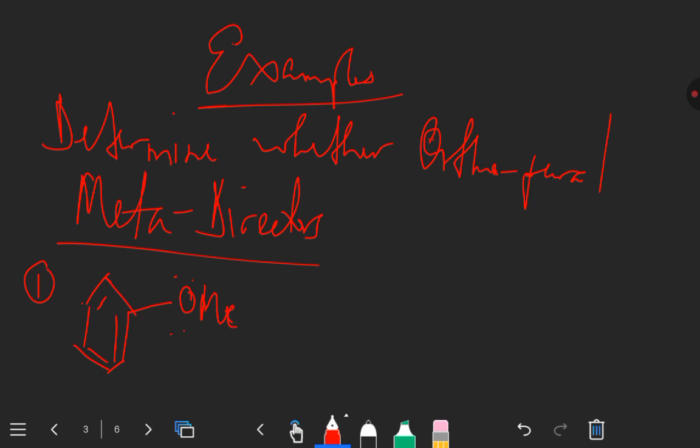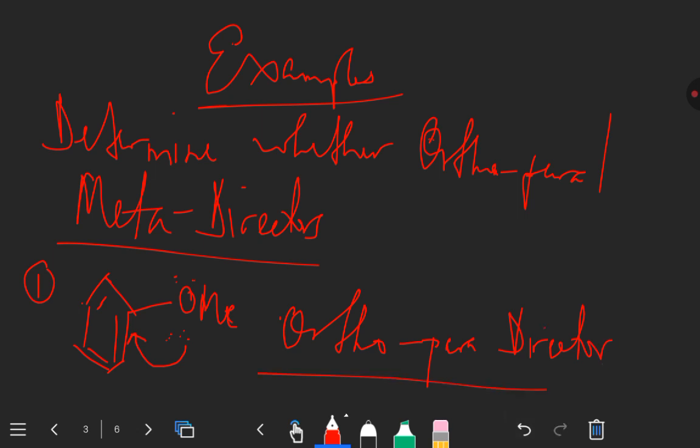So what can you say about this structure? You can say that oxygen has these lone pairs of electrons. Because it has these lone pairs of electrons, it can donate to the ring. So since it is able to donate electrons to the ring, we are going to call it an ortho-para director because it will be activating the ring.